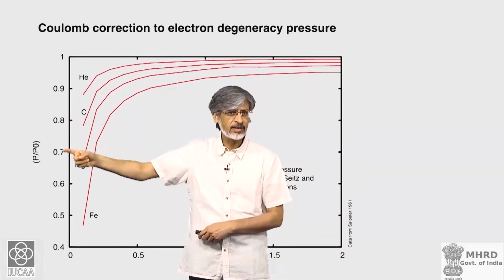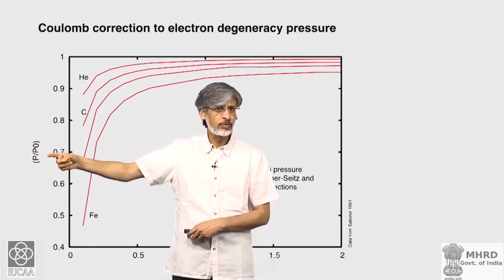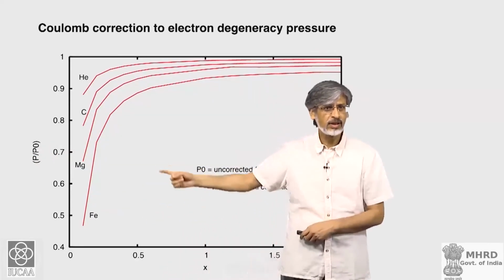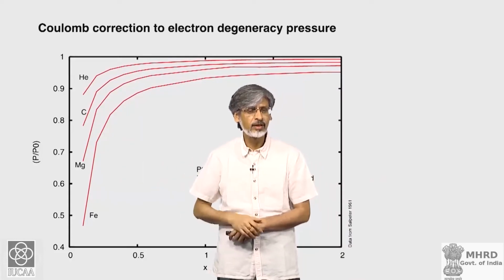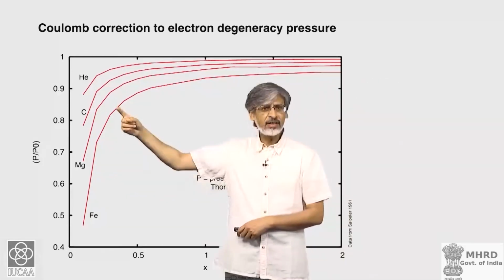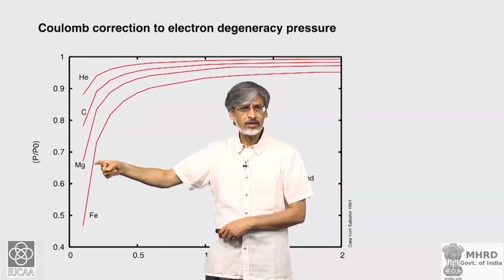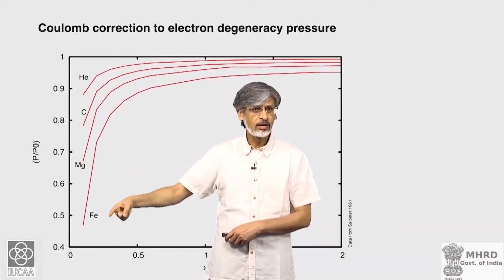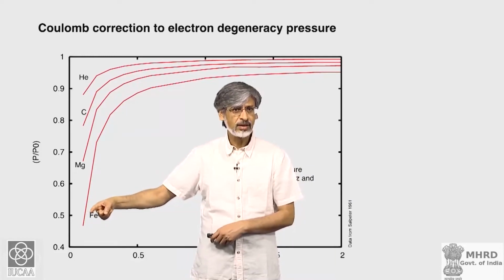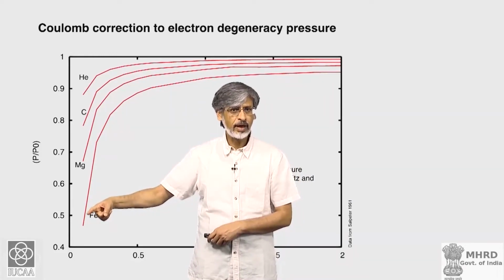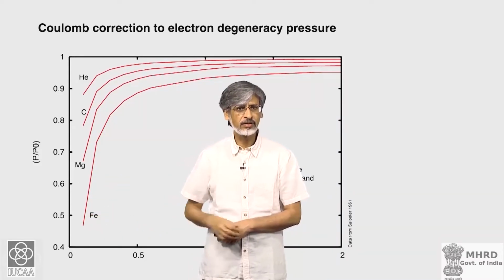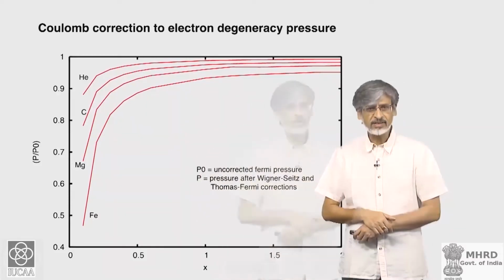What is plotted on the vertical axis is the pressure with Coulomb correction divided by the pressure without it, that is, the pressure with Coulomb corrections divided by the pure degeneracy pressure, as a function of this parameter x. Now, one can see that for small values of x, the correction can be quite large, and for iron, for small values of x, the actual pressure could be almost half of the electron degeneracy pressure.